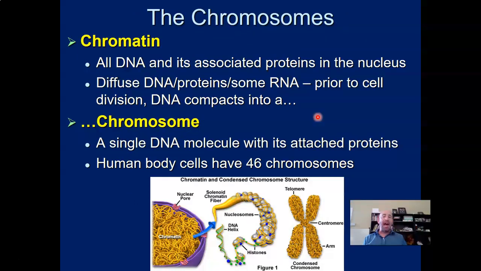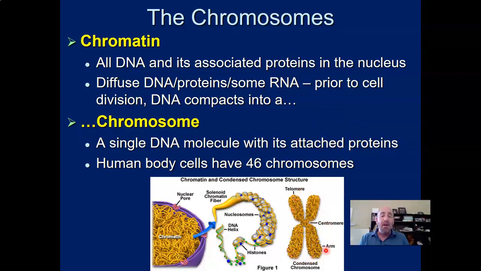Okay, we're at the last part of the nucleus. We talked about nucleoplasm. We talked about the nuclear envelope. We talked about the nucleolus. We get to chromatin. So chromatin is the form of your DNA when your cells are not getting ready to divide. So I'm going to blow your mind here.